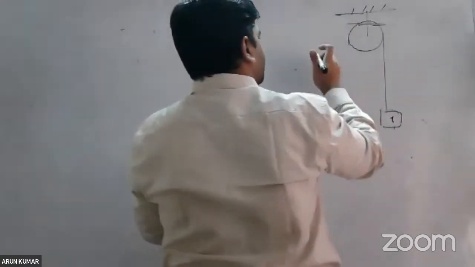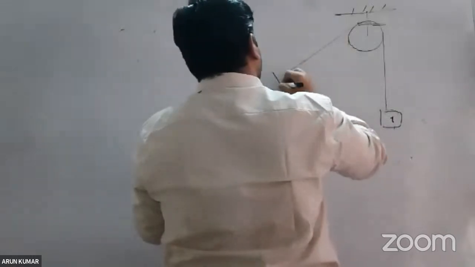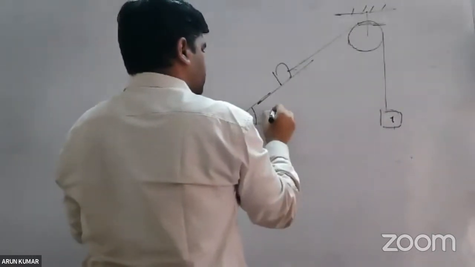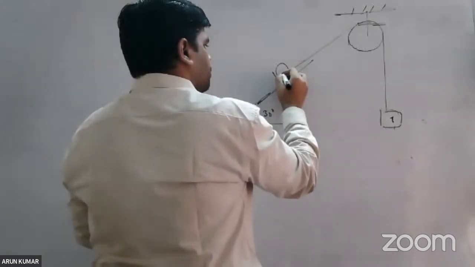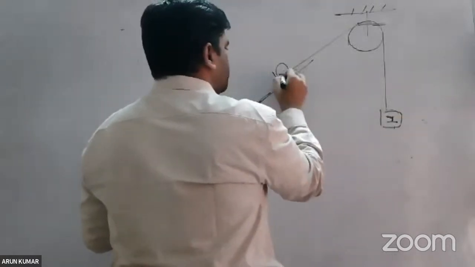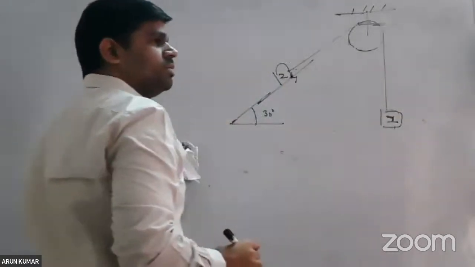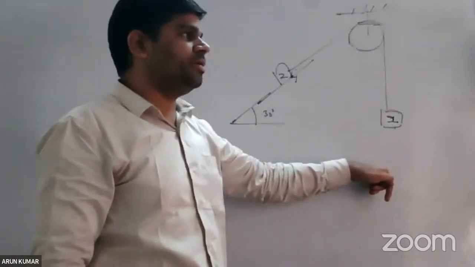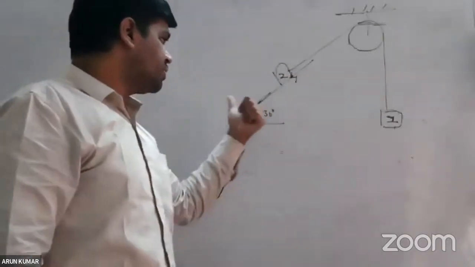But now let us say the situation is like this. This is 2 kg. This is also 2 kg. Now what is the supporting force? 2g. Right? Minus the opposing force.